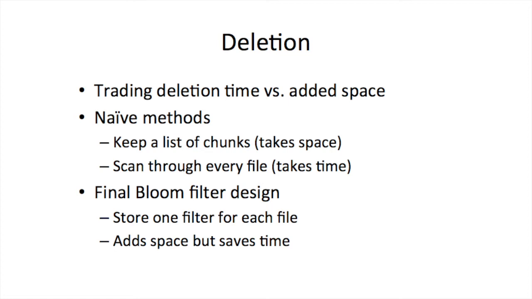For each file, a bloom filter was created and stored in the locker alongside that file. When a file is to be deleted, all of the chunks inside that file are checked against all of the other files' bloom filters. If we find that a chunk is not being used in another file, we know that it's okay to delete.